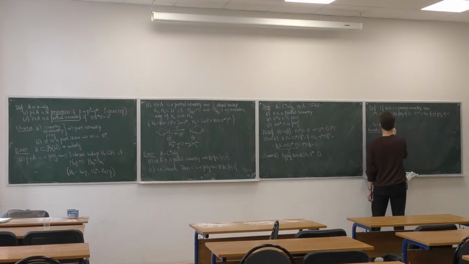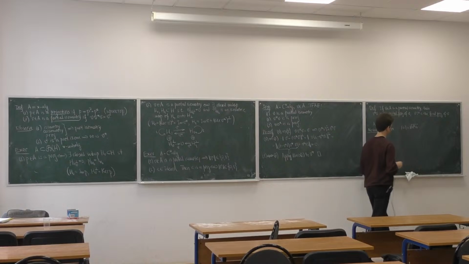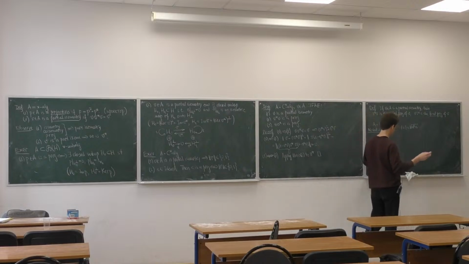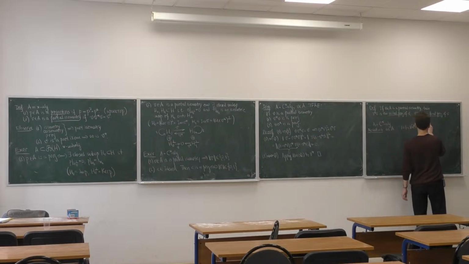If a is an element in A, we denote by the modulus of a the square root of a star a. So a star a is positive. Let's recall that it is positive by Kaplansky's theorem. So it has a unique positive square root. So this is a positive element of our algebra.